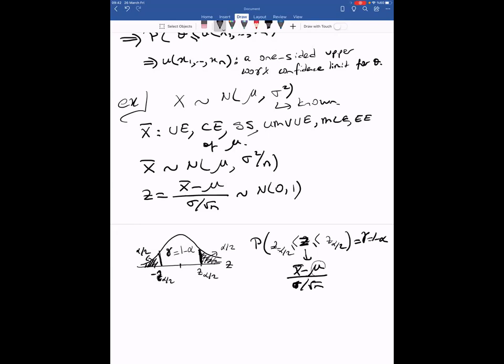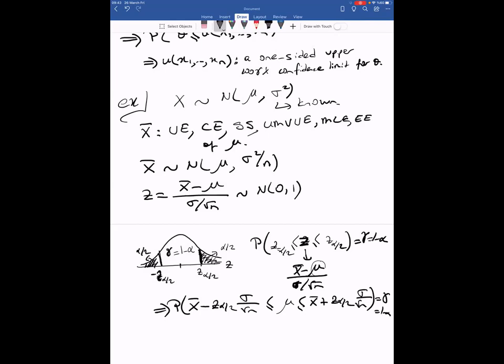So we can write this interval in terms of mu: x bar minus z alpha over 2 times sigma over square root of n is less than mu, which is less than x bar plus z alpha over 2 times sigma over square root of n. The probability of this is delta, or 1 minus alpha.